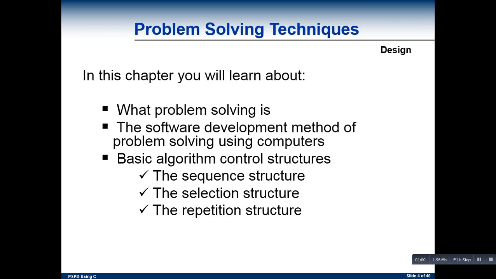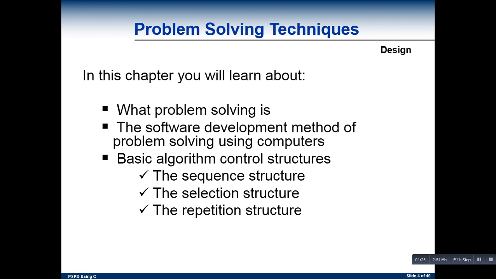Now problem solving techniques. In this chapter you will learn about what problem solving is, the software development method of problem solving using computer, basic algorithm, control structure. Now, these are three basic control structures.